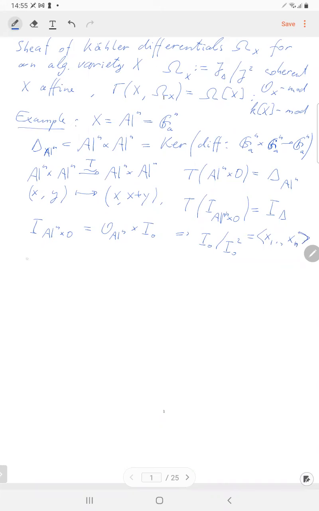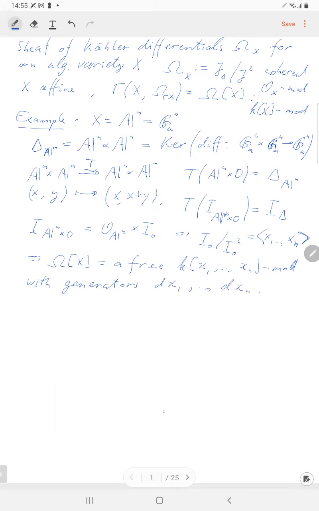And this means that the desired Kähler differentials module is just a free module over the polynomial algebra with generators, the differentials of coordinates dx1 and so on, dxn.